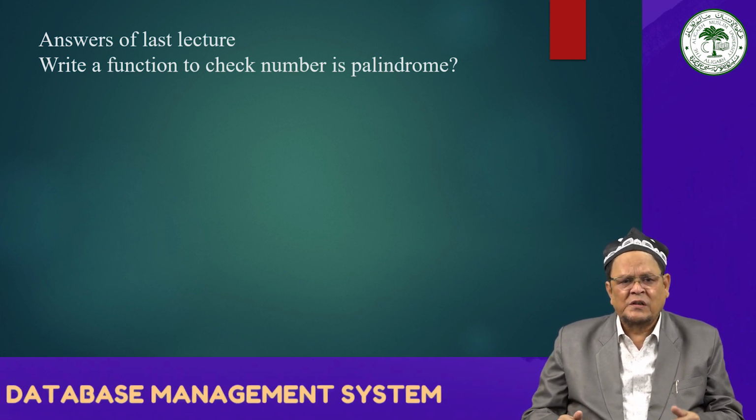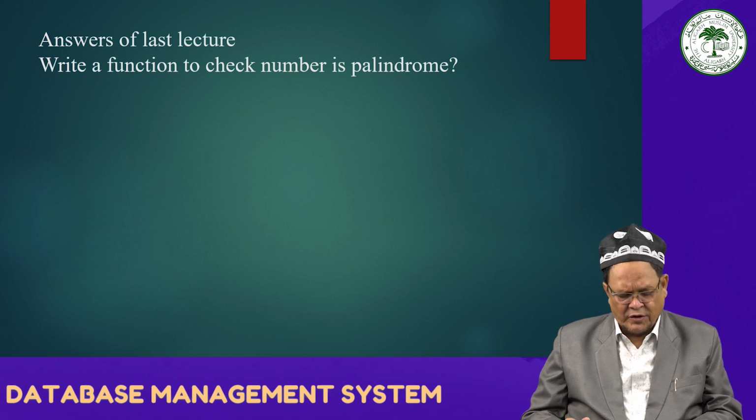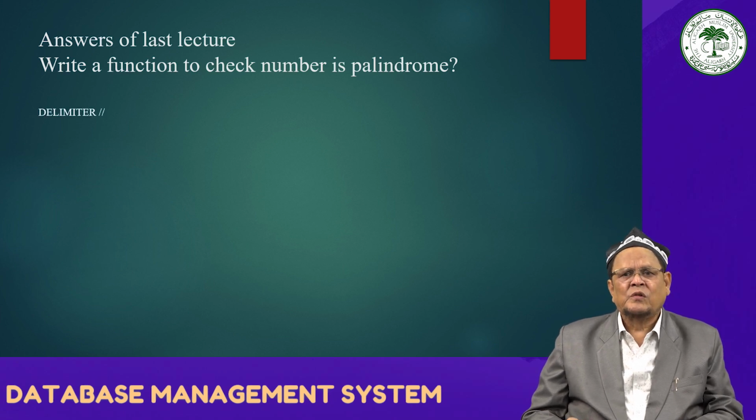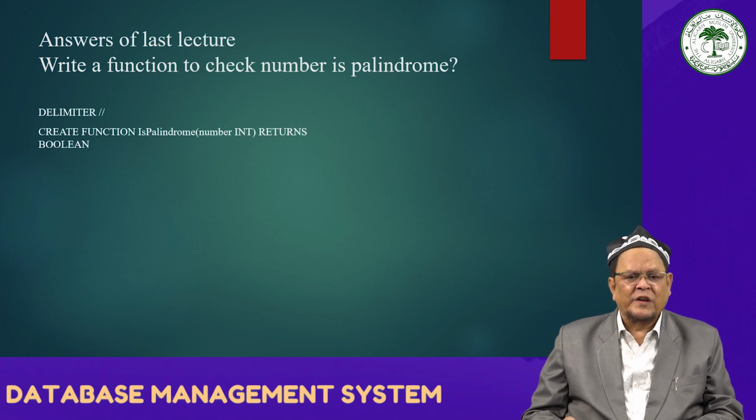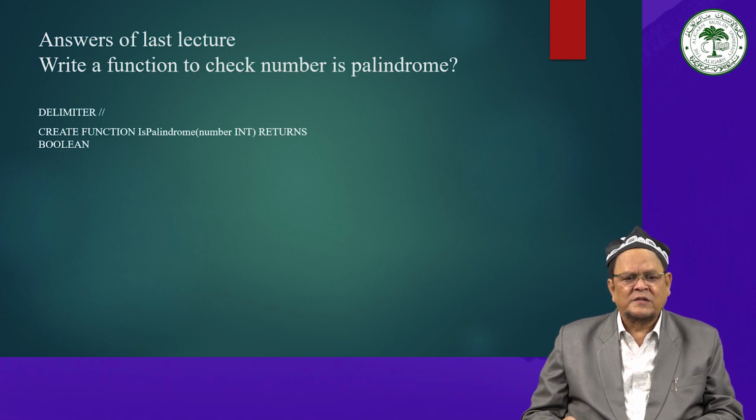The first question is to write a function to check whether a number is a palindrome. For that in MySQL you have to write DELIMITER //, then CREATE FUNCTION is_palindrome(number INT) RETURNS BOOLEAN.